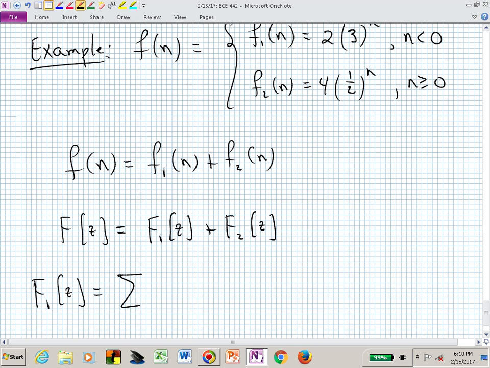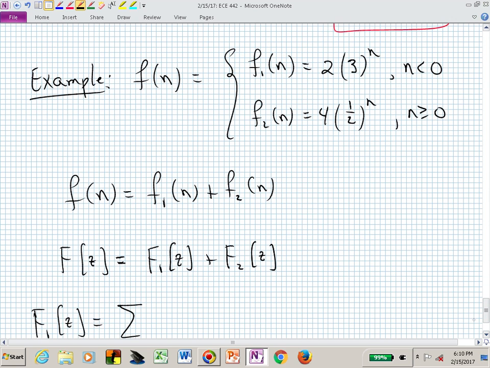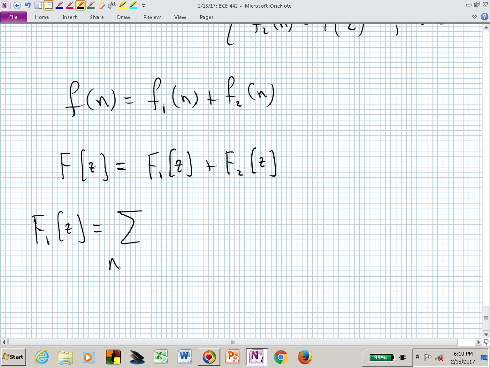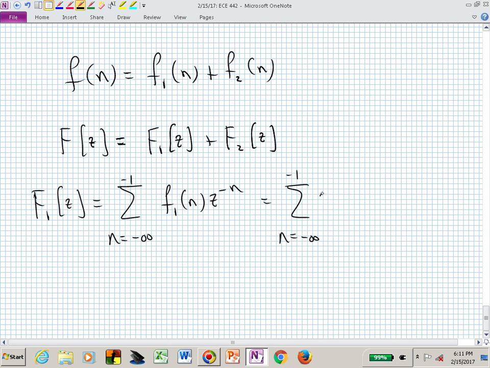By definition, and now we have negative values of n, meaning we go from minus infinity up to minus 1 of f sub 1 of n z to the minus n. Or that's the sum from n equal minus infinity up to minus 1. F sub 1 of n was 2 times 3 to the n, times z to the minus n.